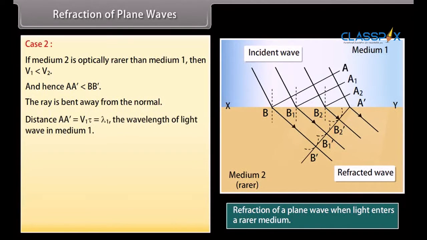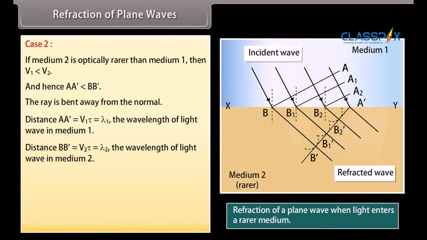Distance A is equal to v1 times t, which is equal to lambda 1, the wavelength of light wave in medium 1. Distance B is equal to v2 times t, which is equal to lambda 2, the wavelength of light wave in medium 2.